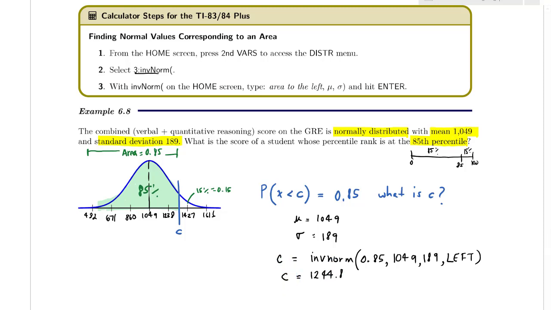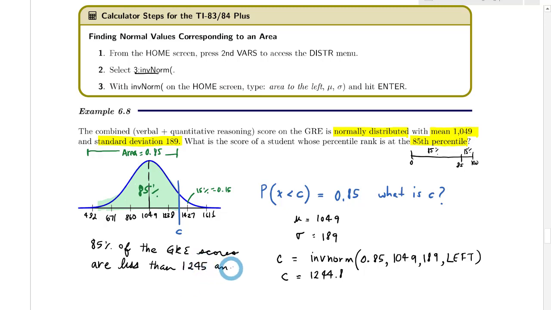So then maybe we would say 85% of the GRE scores are less than 1245, I would round up to 45, right?